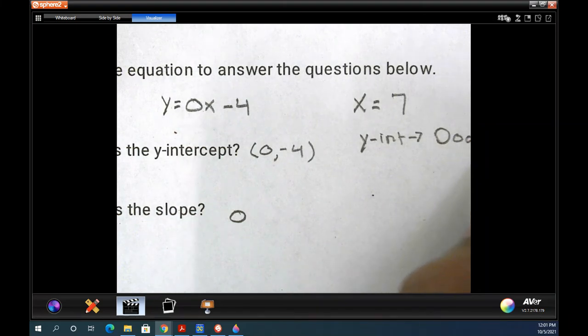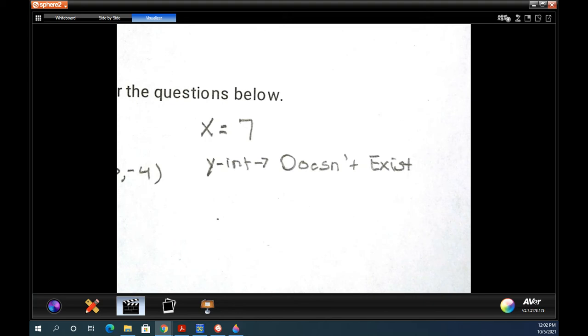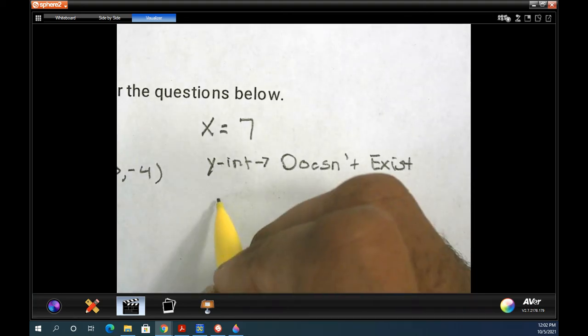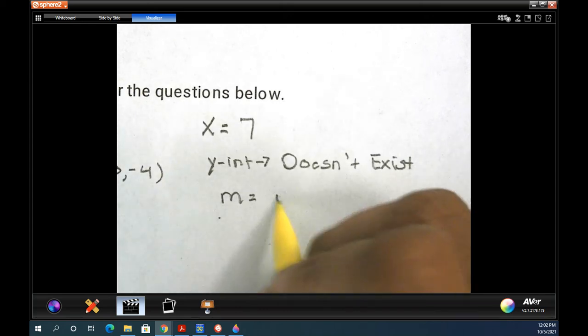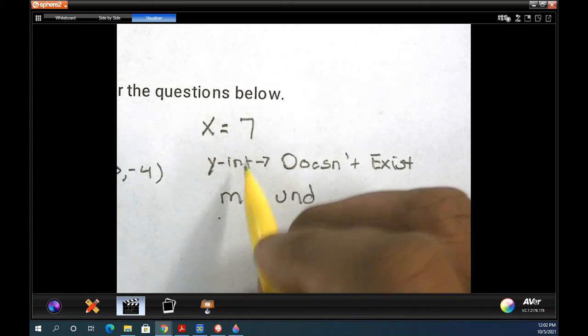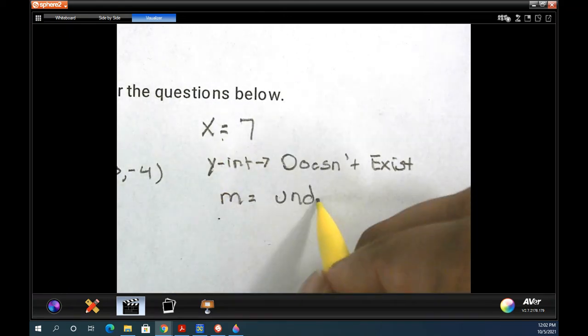The y-intercept will always be doesn't exist. That's a button down there at the bottom. Some of y'all still don't know there's a button down there that tells me how much you're doing the work. What is the slope? Undefined. You got to know these two special cases. Y equals a number and x equals a number.